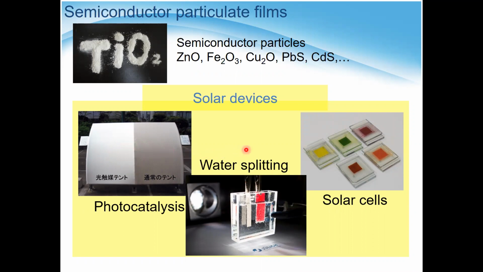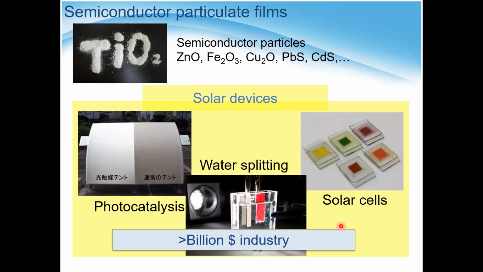And the other application is water splitting, where the sunlight energy is used to split the water into the oxygen and hydrogen. And also in many solar devices, oxide layers are used for charge collection or transport, or even the charge accumulation layer. And they are now getting a big industry and very important.